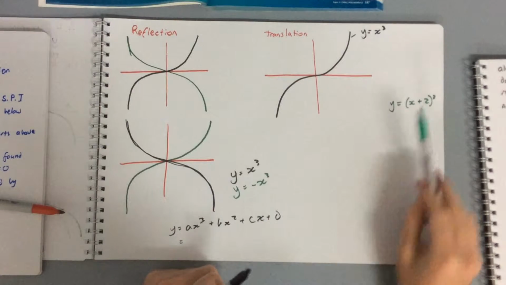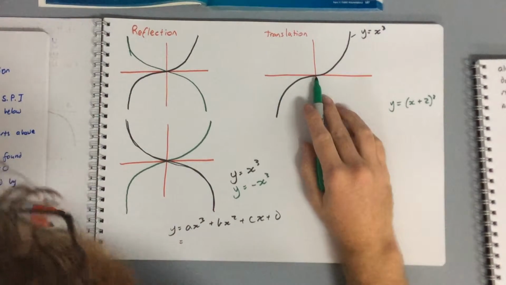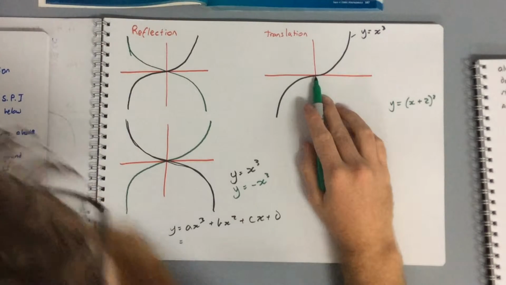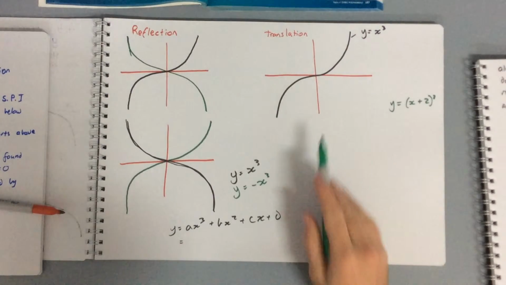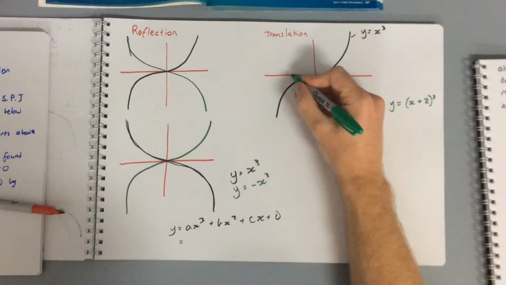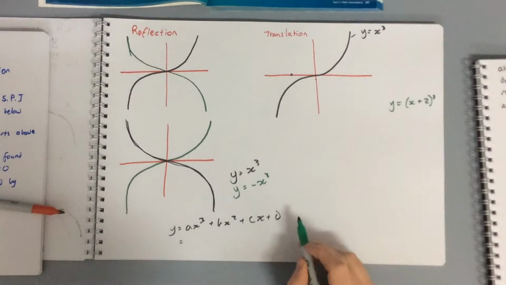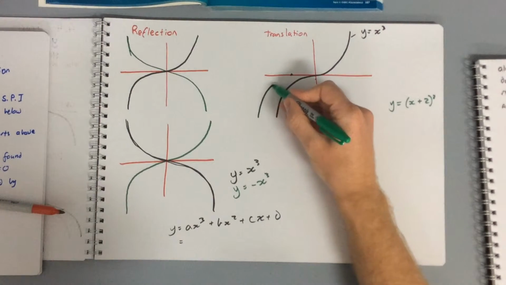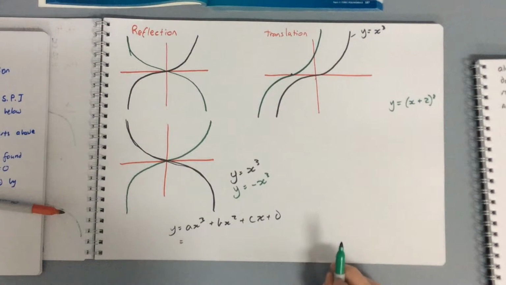This one, we're going to move it to the left, same thing, so the opposite signs. Positive becomes negative. So our 0, 0 point is going to move to the left. And that's our reference point. Same shape, just moves it left.